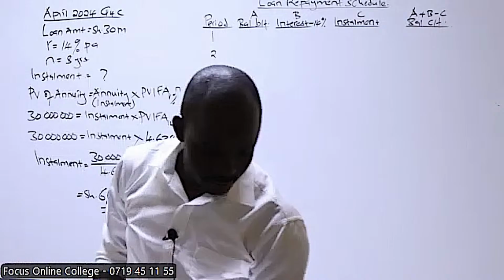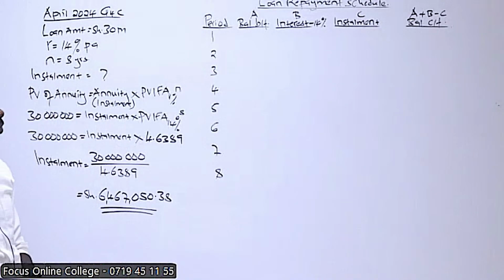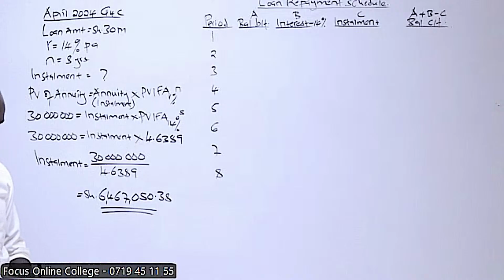Now, we are saying interest is being charged on reducing balance. Interest is charged on the amount due. So after you repay, the next time you're calculating interest, you calculate on a lesser balance.